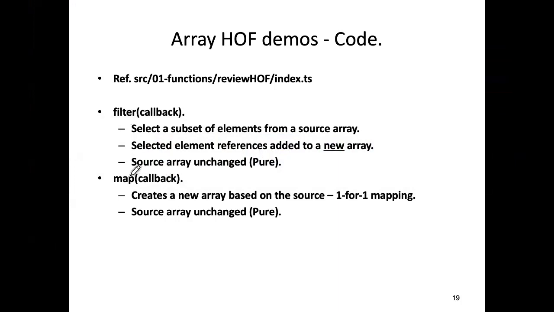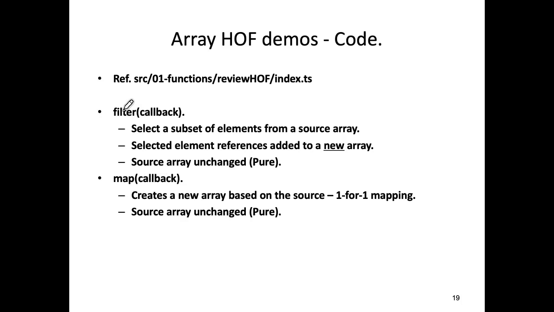What map does though is it returns an array where the number of elements in the array is the same as the number of elements in the source array, but the output array in this case is controlled by whatever the callback returns. So typically the callback might return a primitive value or an object. It could return a Boolean, but if it's a Boolean, then the output array is just an array of Boolean true or falses, and that might make sense in some cases.